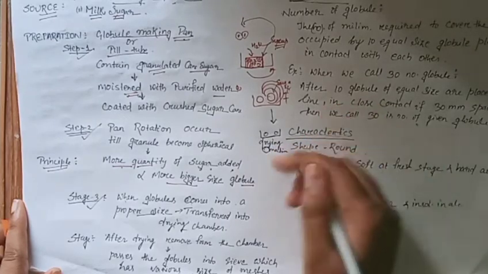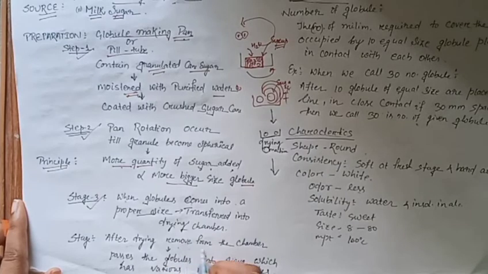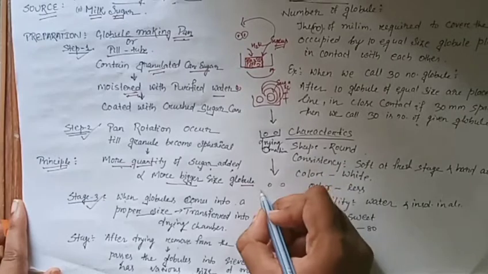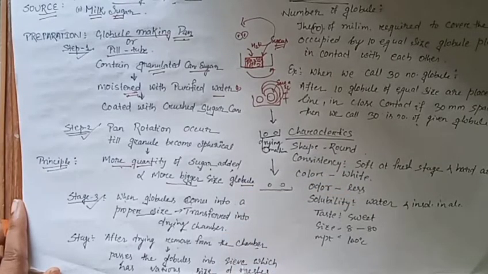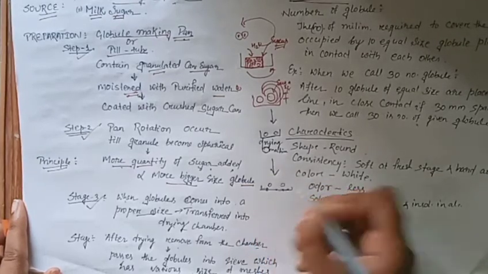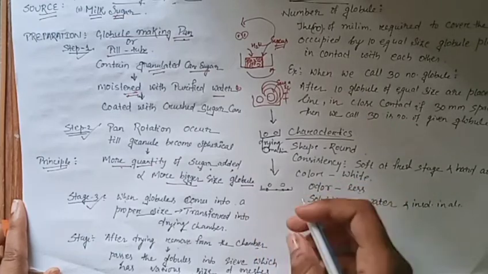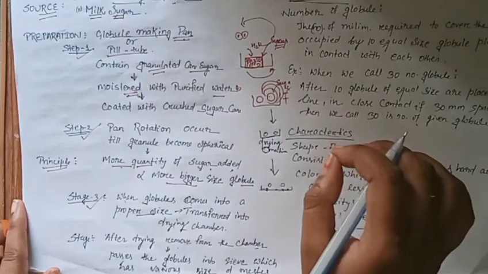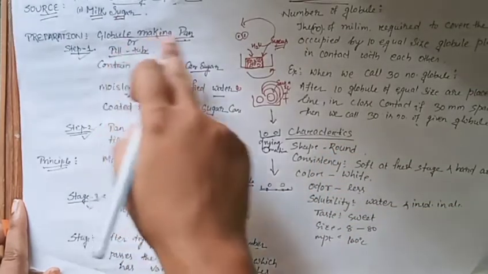So after drying, we remove the globules from this chamber, collect them in a plane, then pass the globules into the sieve, a container containing small pores of various sizes, so that we can filter out the wanted globule size. In this way we prepare the globules.